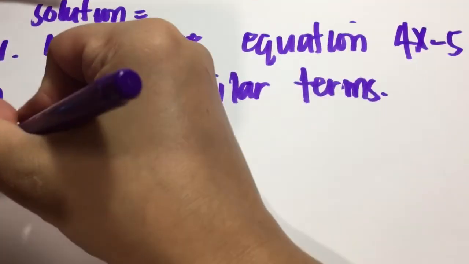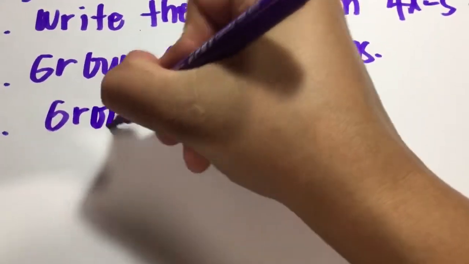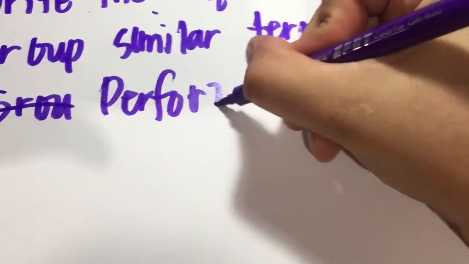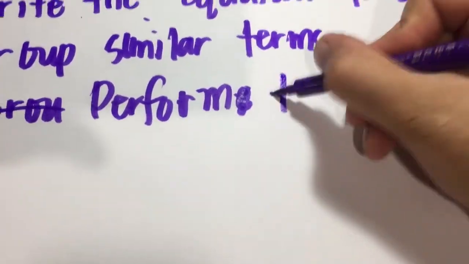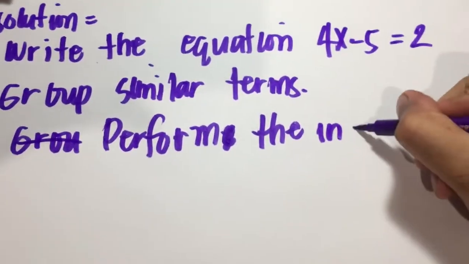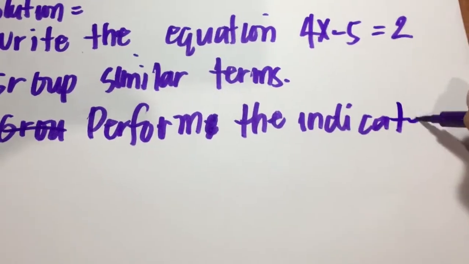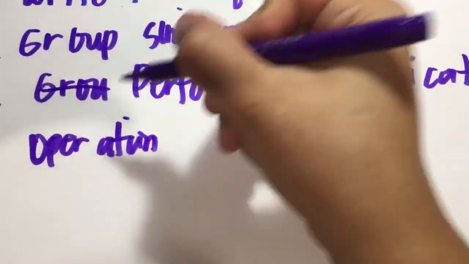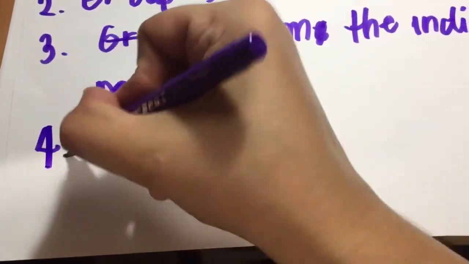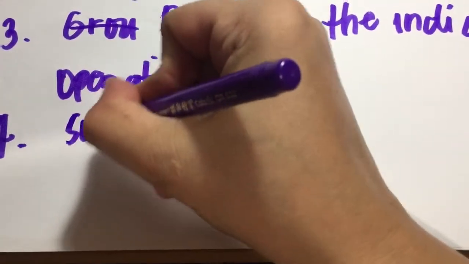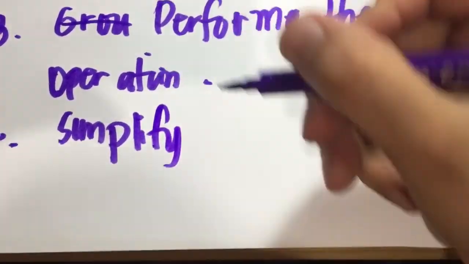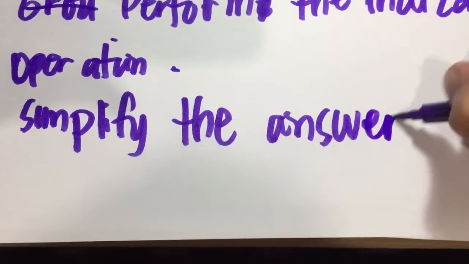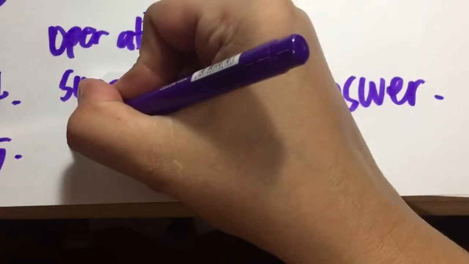And then the third step is to perform the indicated operation. Then the next is simplify. Always simplify or reduce your answer to its simplest form, especially if your answer is a fraction. Then lastly, check your answer.